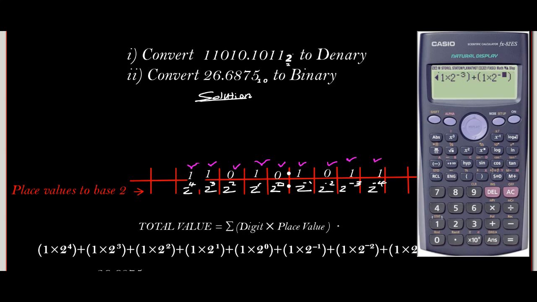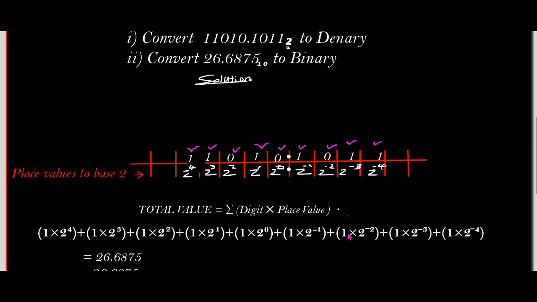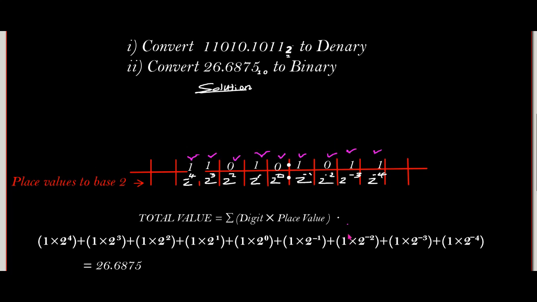And that total value of any number is always a denary number system, is always base 10. So anytime you look for the total value of any number, you get base 10. And after working out that with the calculator, we found 26.6875. So base 10 is always silent.